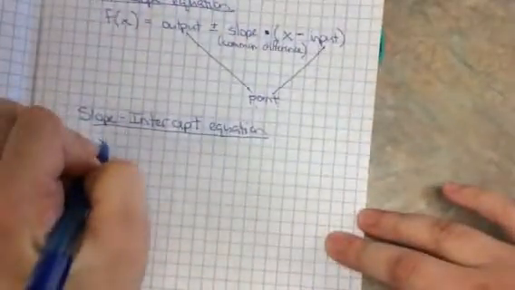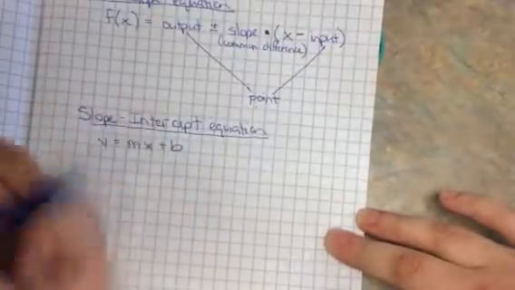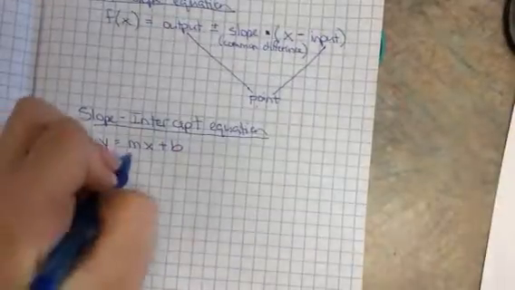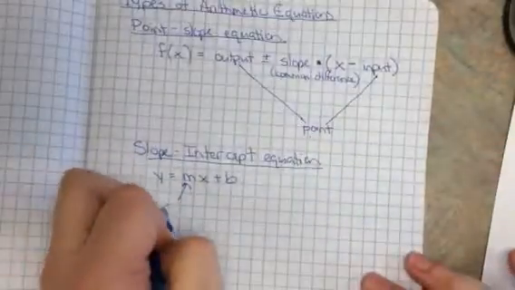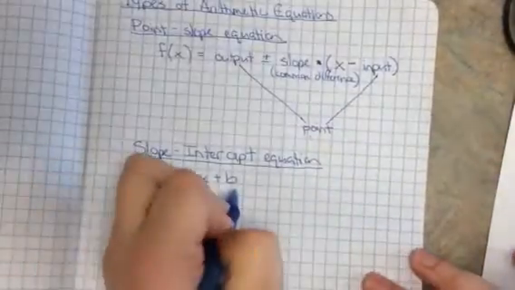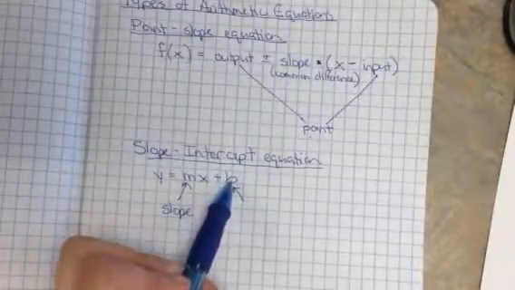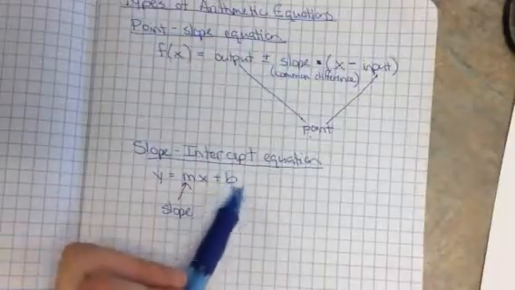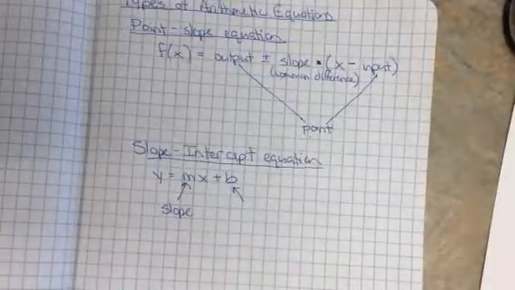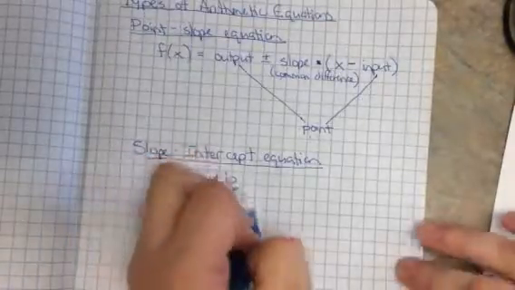So I'm going to rewrite that. And we can label the parts of it. This is going to be your slope or your common difference. We labeled it up there so that you remember those are the same. This is going to be your first term at 0, also known as the y-intercept, because it always shows up on the y-axis on the graph, right?